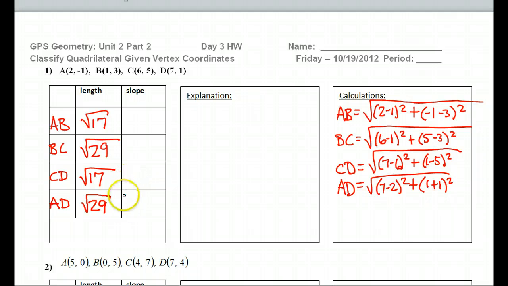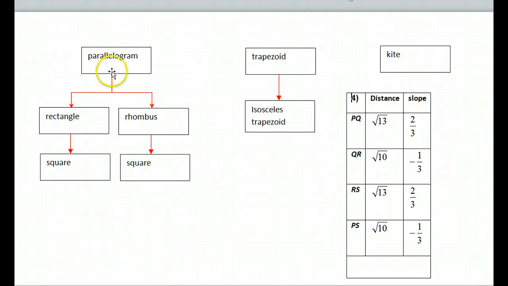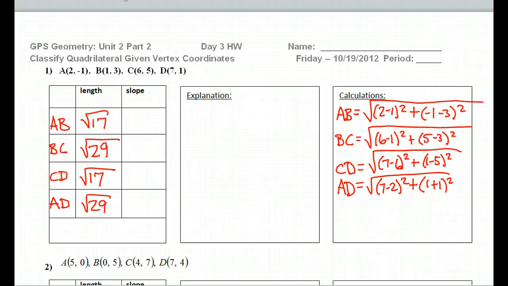Now, remember, the first thing that I have to decide as I'm classifying is, is this a parallelogram, a trapezoid, or a kite? Based on this information, based on the lengths alone, you should be able to tell me right now whether or not this is a parallelogram, a trapezoid, or a kite.